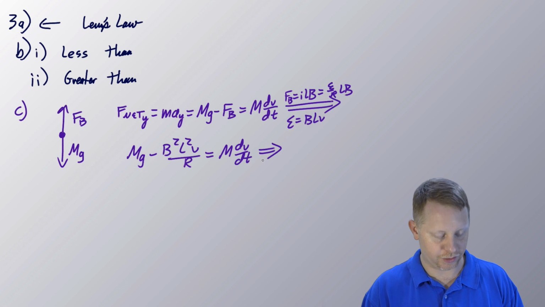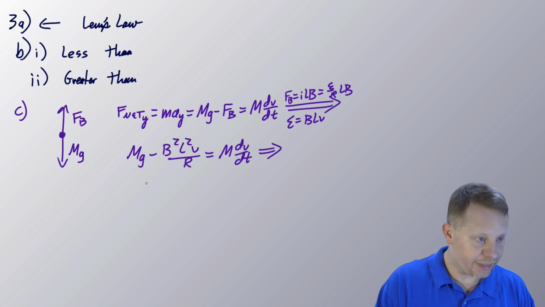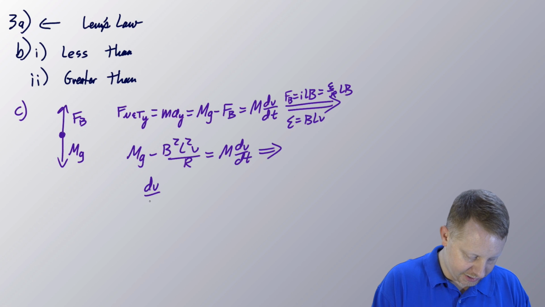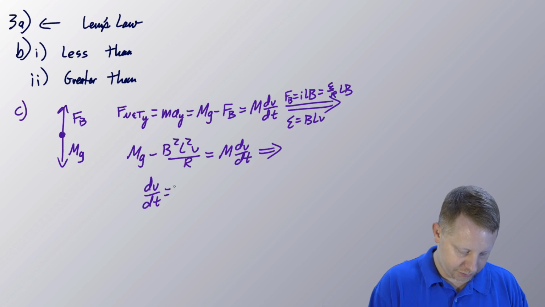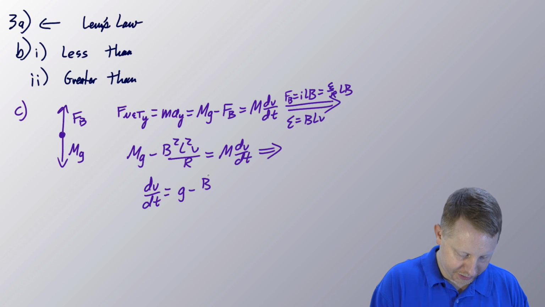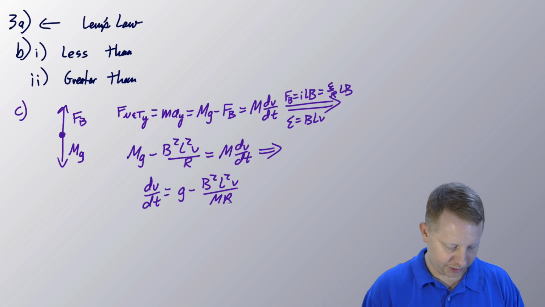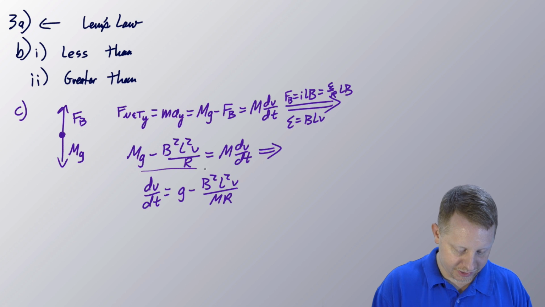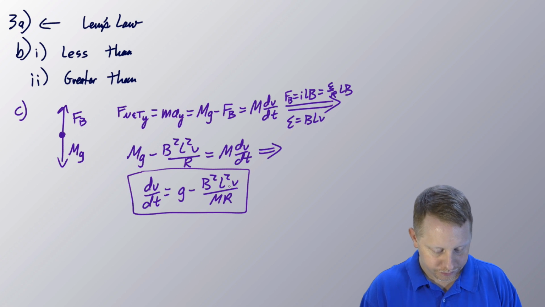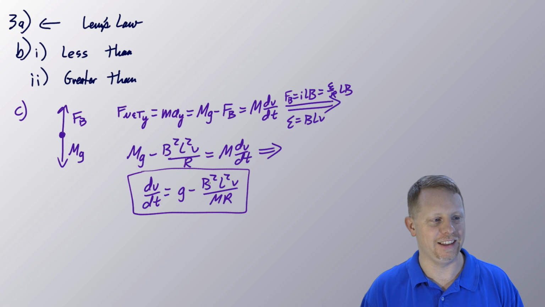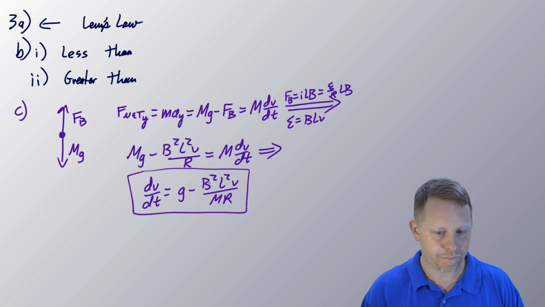And if I separate this in one more step, I could then write that dV/dt equals g minus B squared L squared V over capital MR. And there I've got a differential equation in terms of velocity and the derivative of velocity.